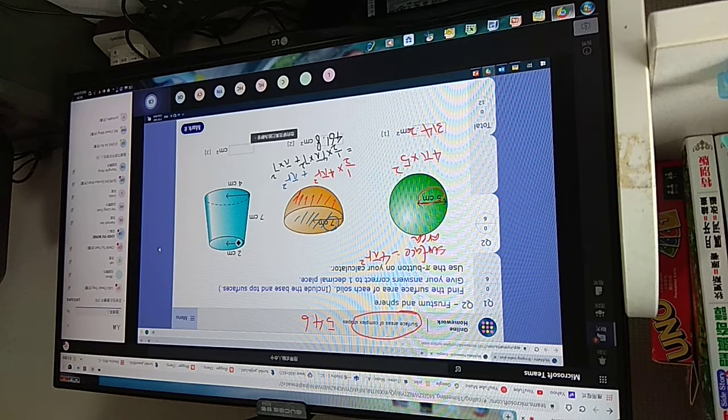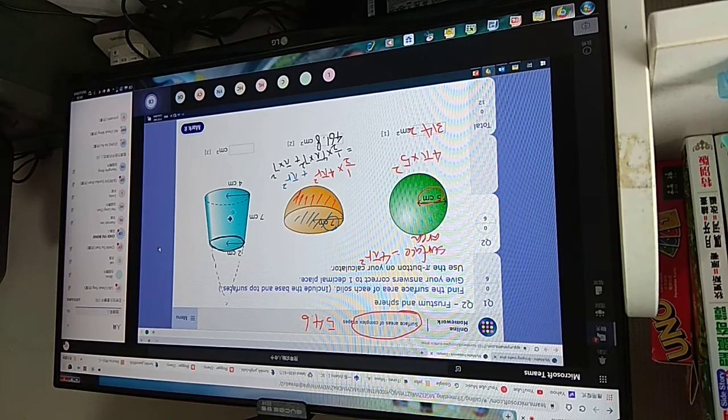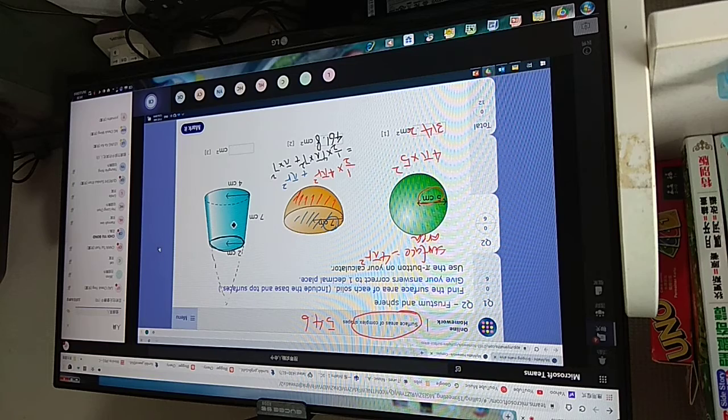So the last one is the most difficult one. Actually, you need to concentrate. Okay, we have two cones here. So this solid is made by the big cone, and then I remove the top of the cone, then we get this solid.